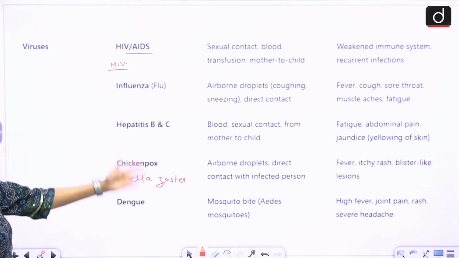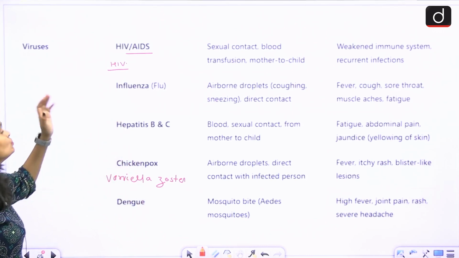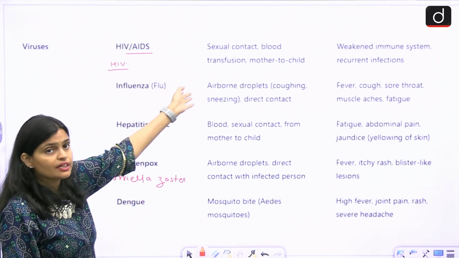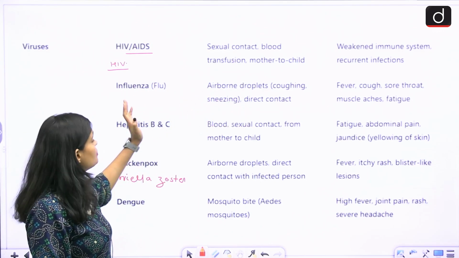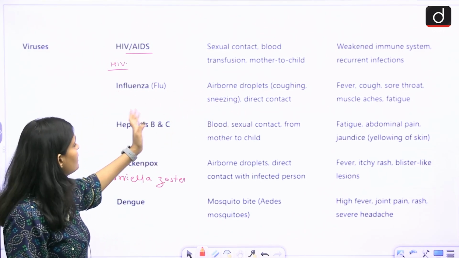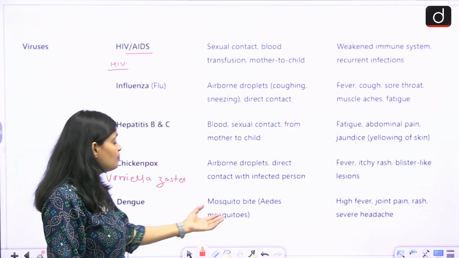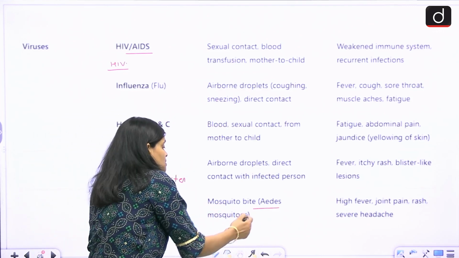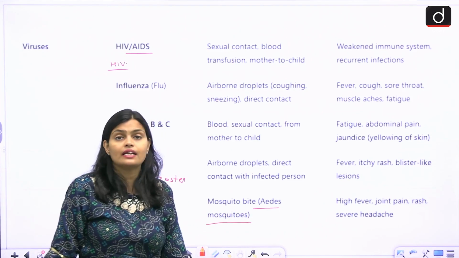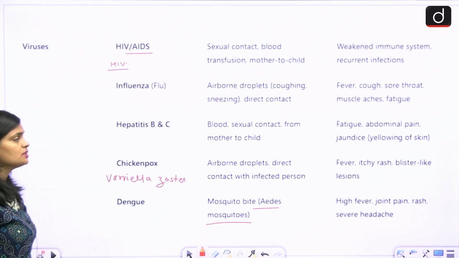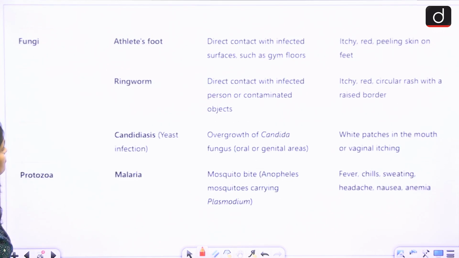And what are their modes of transmission? HIV is directly transmitted due to sexual contact, influenza by airborne droplets, hepatitis by sexual contact, chickenpox airborne, dengue via mosquito. And which mosquito is responsible? Aedes aegypti. The Aedes mosquito is responsible for that.